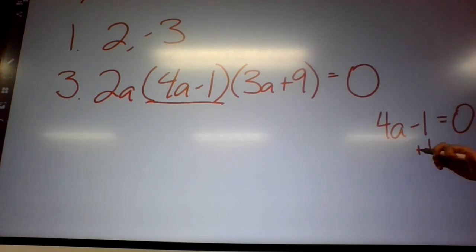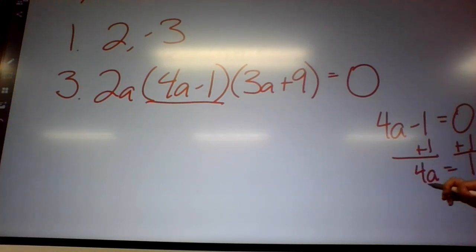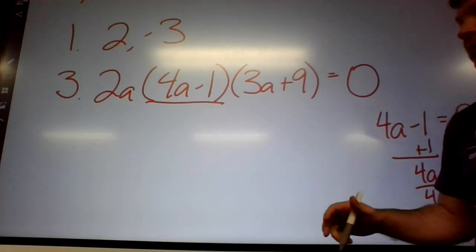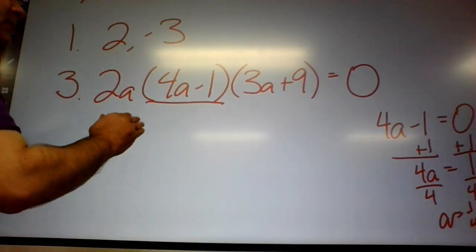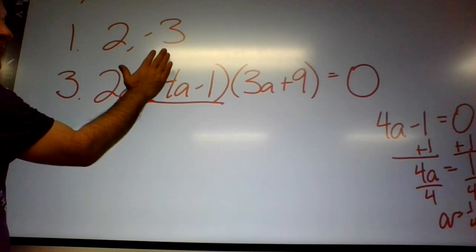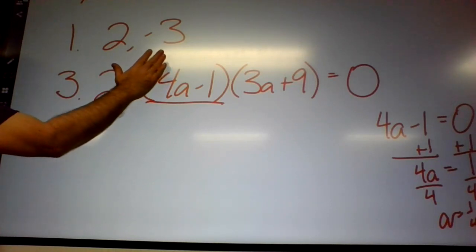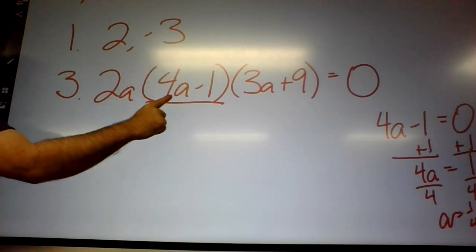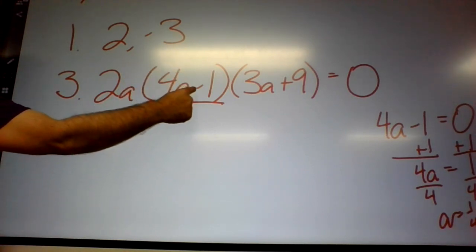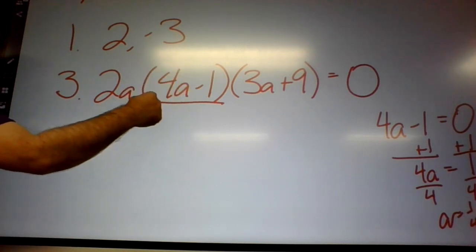So, what would a have to be to make this equal 0? 1/4. So the pattern is, and there probably will be one of these on the test, so we do need to know this. So if it was just a minus 1, what would the answer have been? 1. But if there's a 4 or whatever right there, it's positive 1/4.